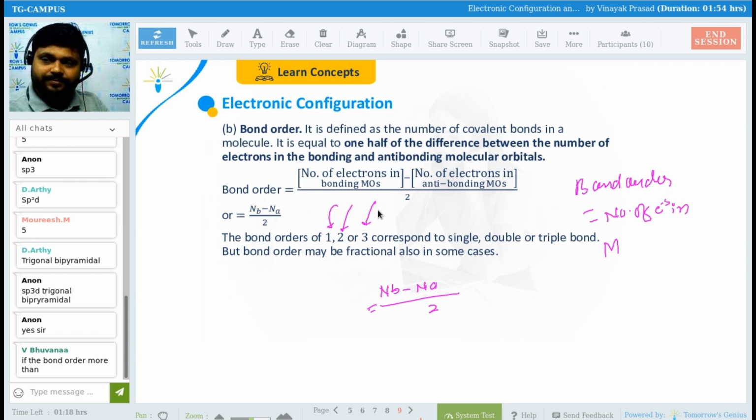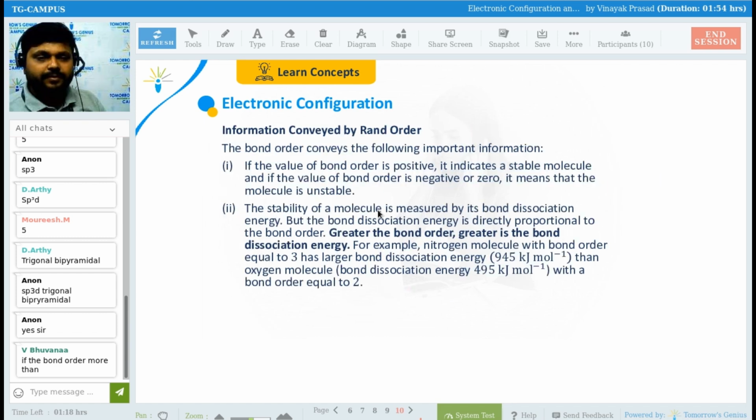Now, see here. What information is conveyed by bond order, that we are going to see. If the value of bond order is positive, like 1, 2, 3, 4, it indicates a stable molecule. And if the value of bond order is negative or zero, it means that the molecule is unstable.